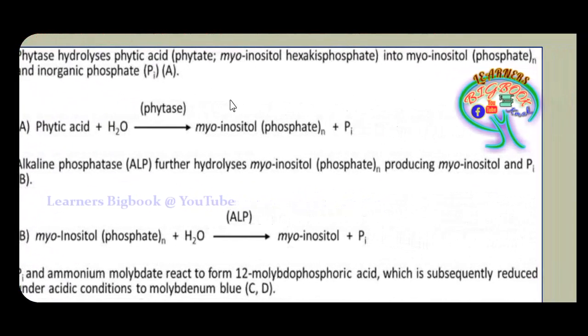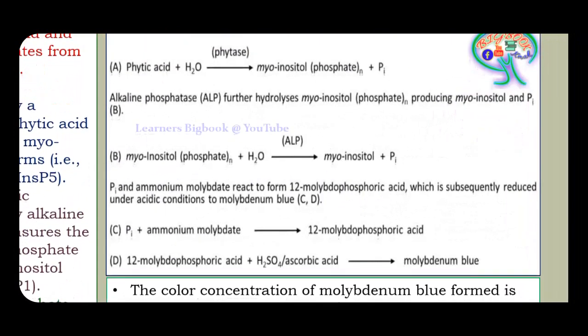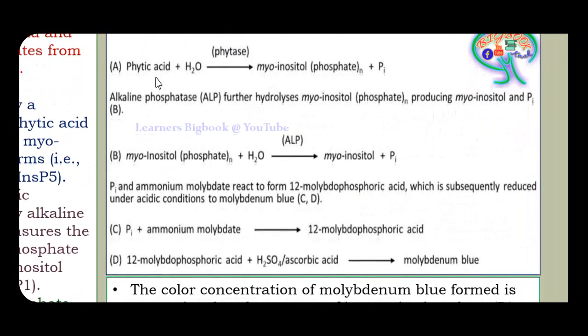Here you can see how the reaction flow chart goes, where the extracted phytic acid is treated with phytase and myoinositol phosphate forms by releasing inorganic phosphate. Even after the degradation, there is phosphate still attached, and again there will be free phosphorus in the sample.